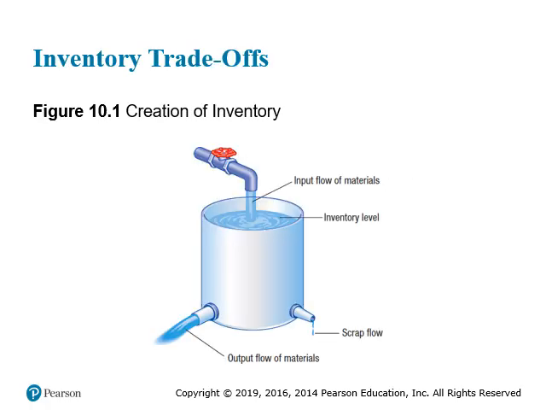What you see here is a real common picture. It's called an input-output model having to do with inventory. Some people just call it a bathtub model. And the point of it is that inventory is something that relates to both our input and output rates.